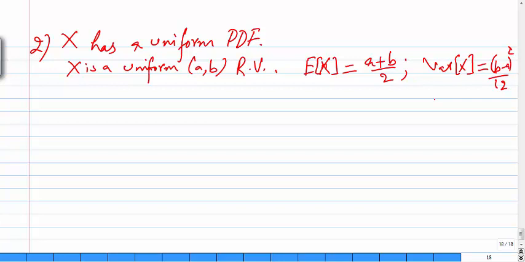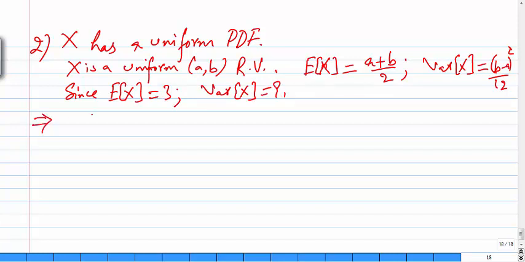Since the expected value of X given to us is 3 and the variance is 9, this implies that 3 is equal to (a plus b) divided by 2, and 9 is equal to (b minus a) whole square divided by 12.